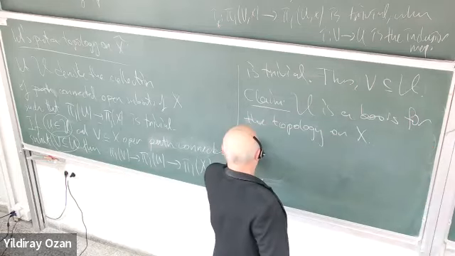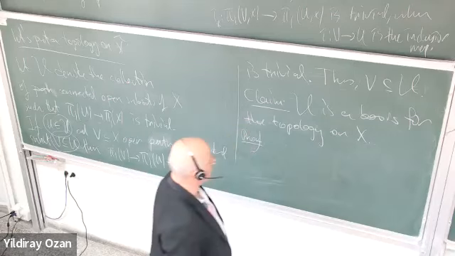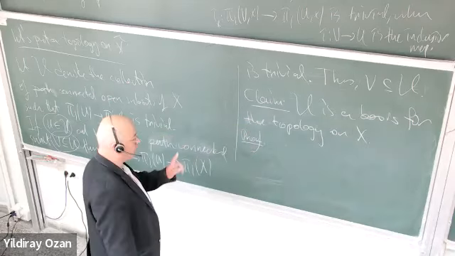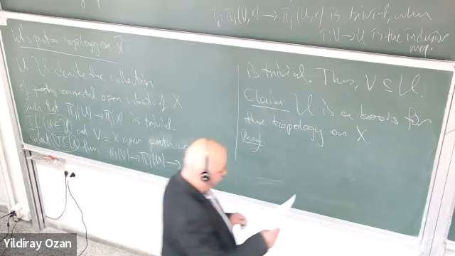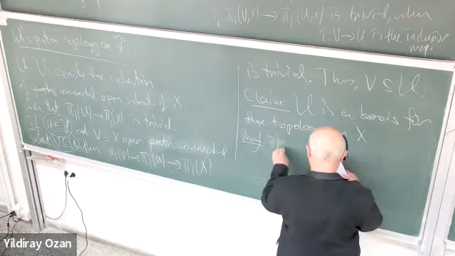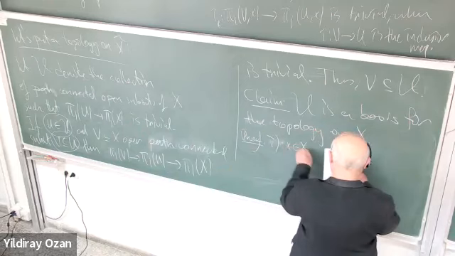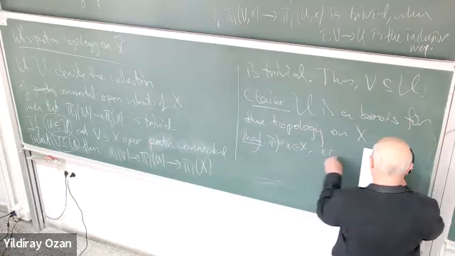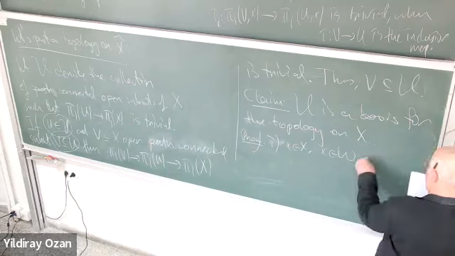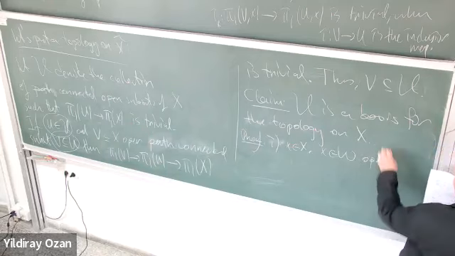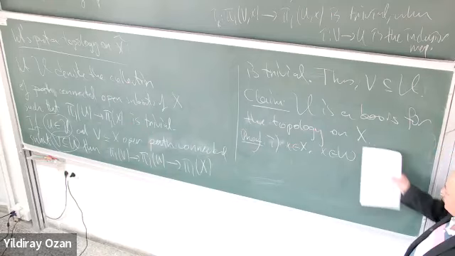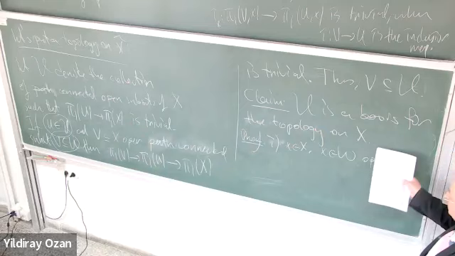For this thing to be a basis for the topology on X, we have to prove the following. We have to prove two things. If x is in X and x is in W, an open subset, then there should be one element in this collection.